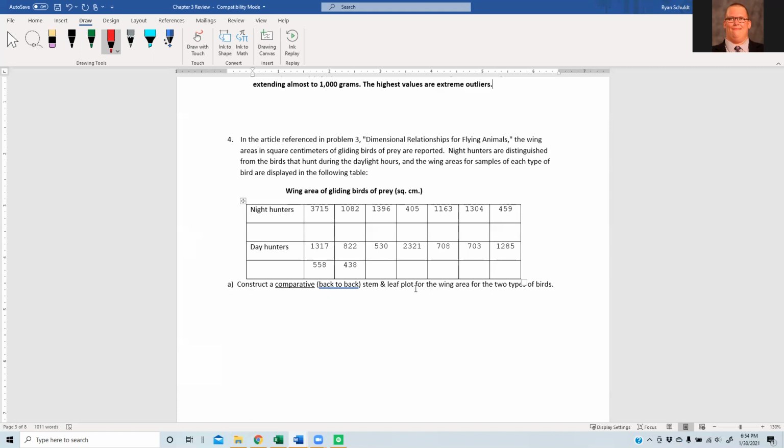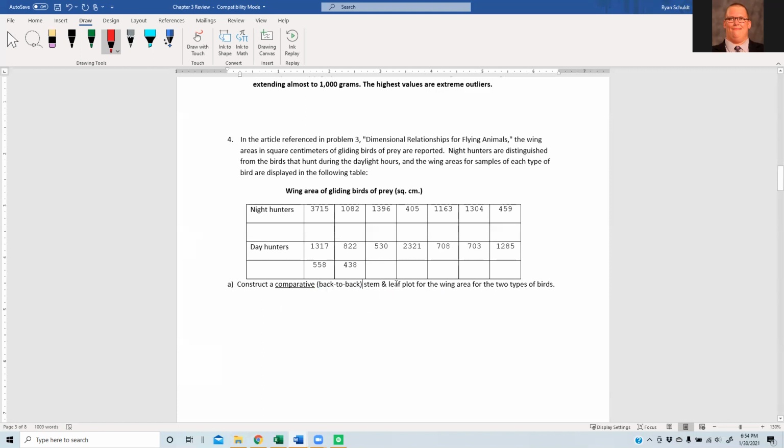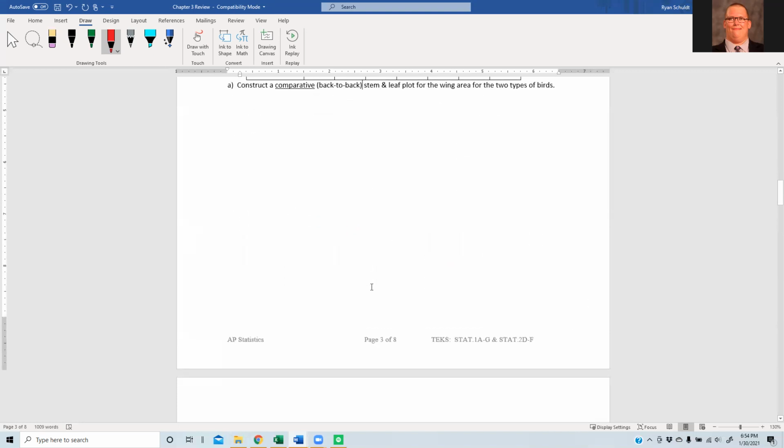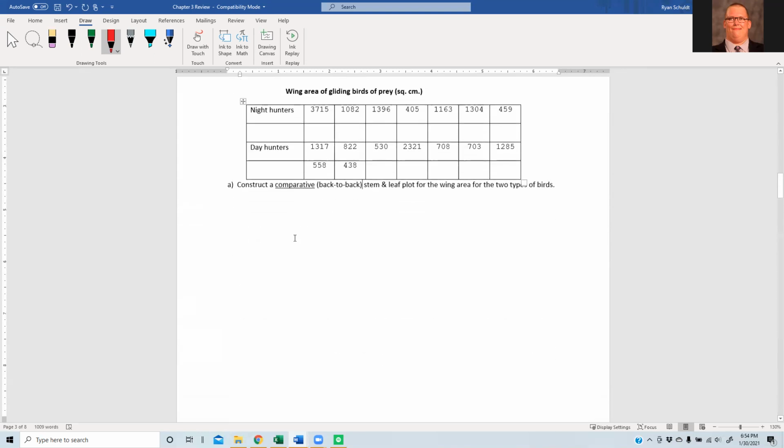So they separate night hunters from day hunters. Now they ask us to do a comparative, back-to-back dot plot for the wing area of the 2 types of birds.